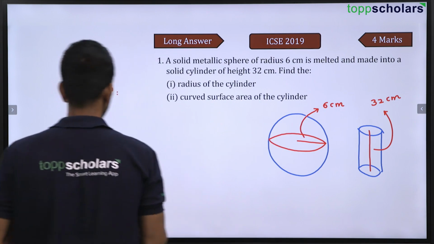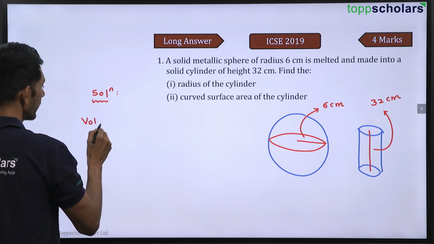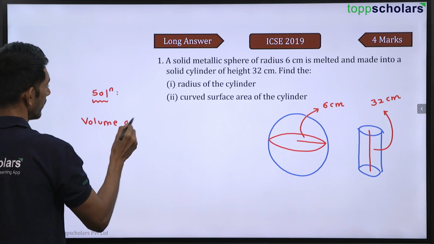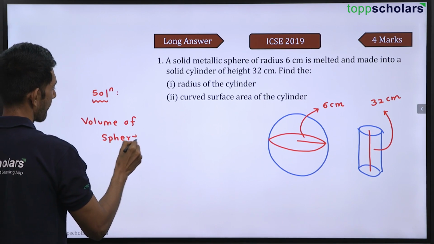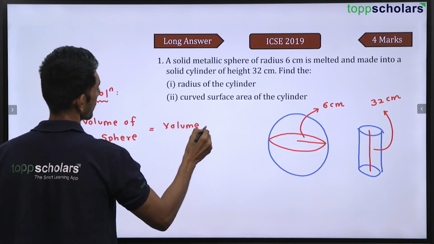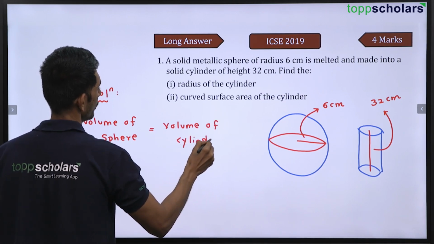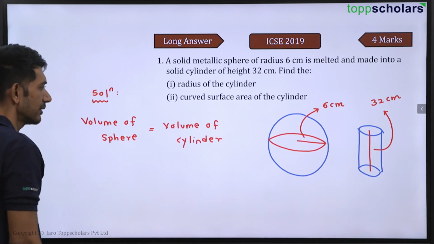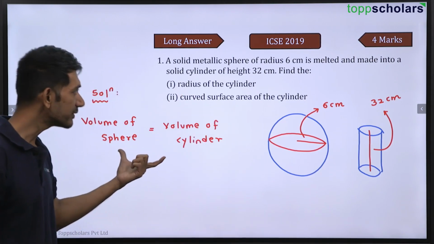So can I say volume of sphere is equal to volume of cylinder? This I already know, but what is the question? What is asked? We are supposed to find out the radius of the cylinder. Anyways, we are going to get it from this only.